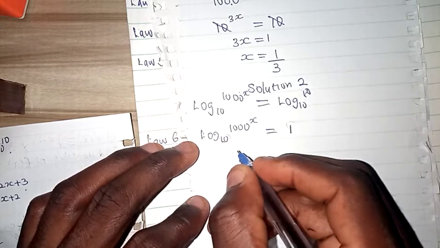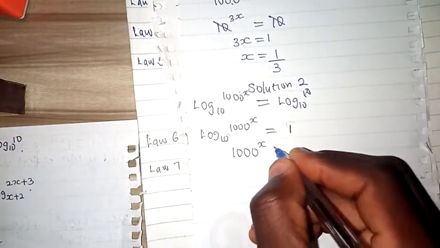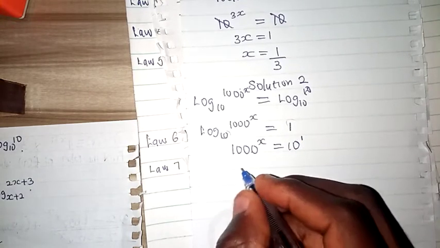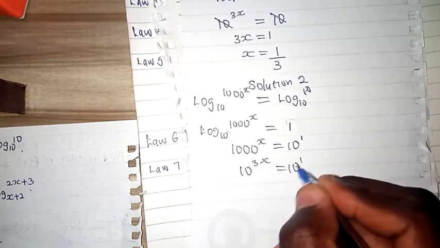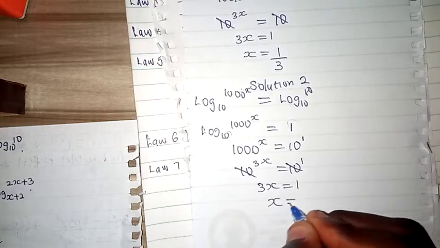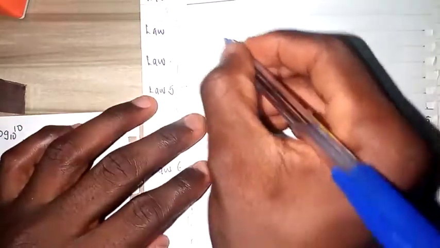It is a short form that we use in logarithm. Then we can change this 1000 to index form. Then you have 3x equal to 1. Your x equal to 1 over 3. You can see they have the same answer. Let's get to the solving of the second example.